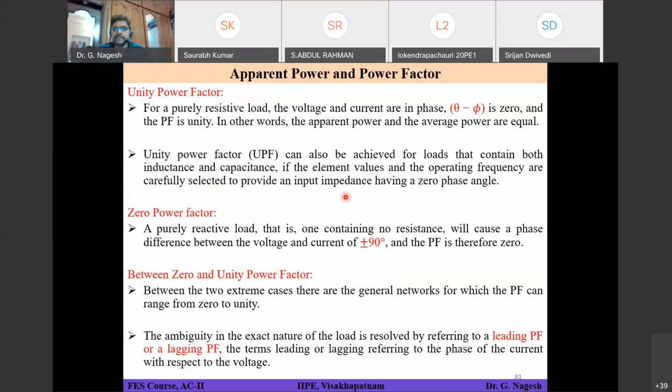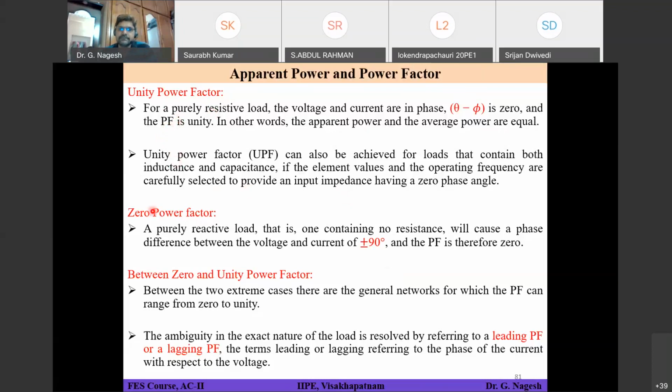In that scenario, it is possible to get unity power factor even though the circuit is an RLC circuit. So this is how you can achieve unity power factor in a circuit.